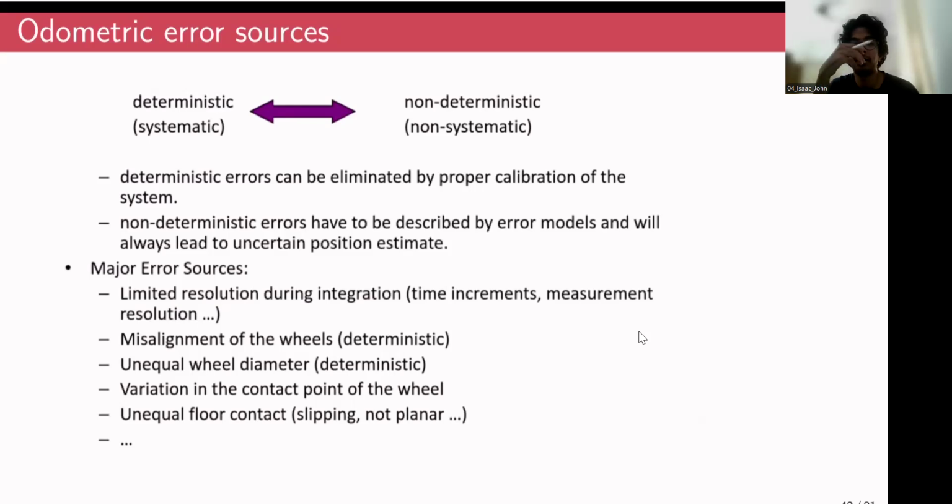And we have to integrate them to obtain the velocities and position estimates. And this integration is done numerically, and that will depend on the step size or the sampling time of the sensors. So there is always going to be an effect due to the limited resolution during integration.